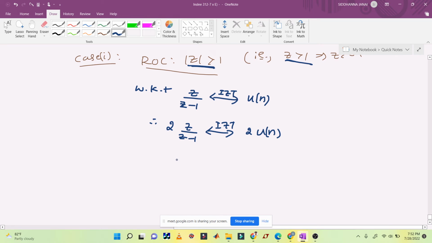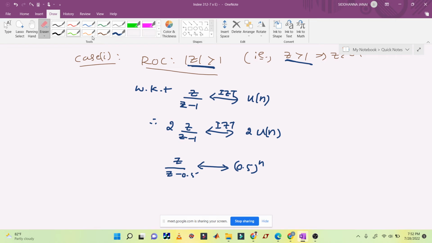For the second term, Z divided by Z minus 0.5, what does the inverse Z transform become? 0.5 to the power n. Here actually I forgot to mention, we need to write it as 1 power n u of n, because this is 2 into 1 power n u of n. 1 power n, whatever value from 0 to infinity you substitute, it is 1.